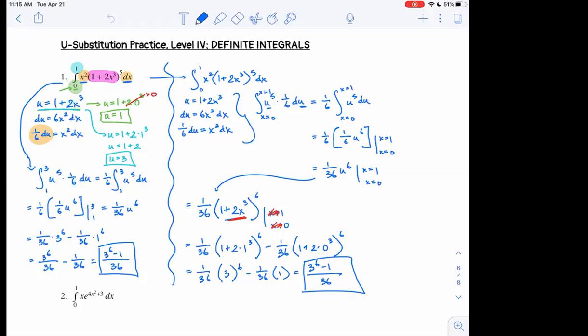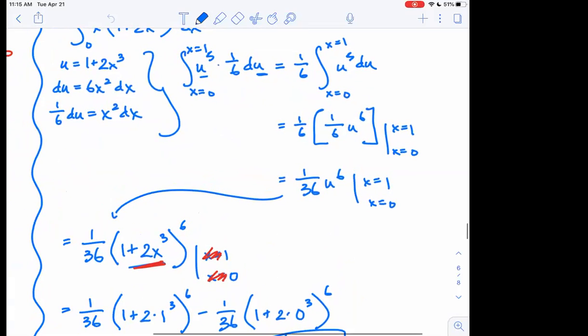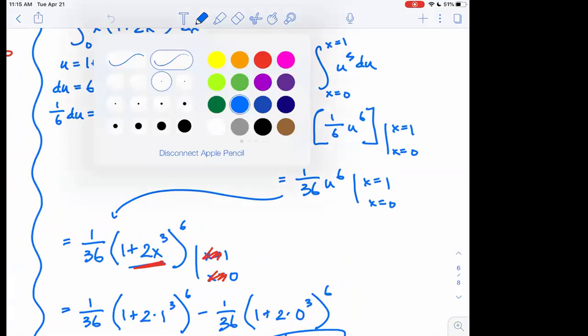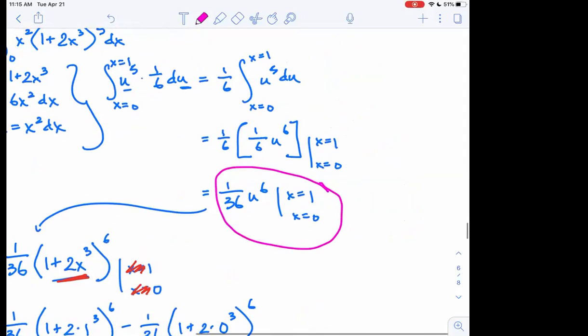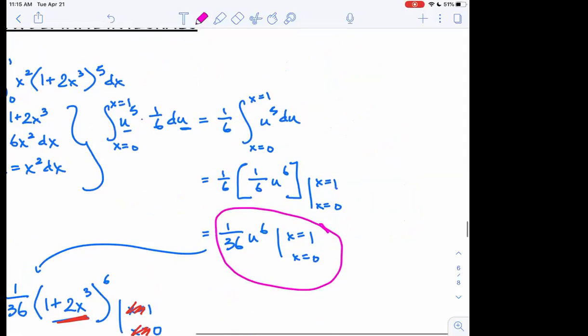The one thing that you do not want to do is, let's say that you are at this stage. What you don't want to do is this. You don't want to say, oh, 1/36 times 1 to the 6th minus 1/36 0 to the 6th.